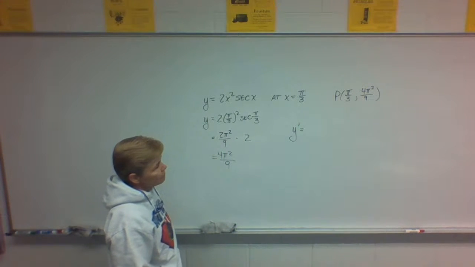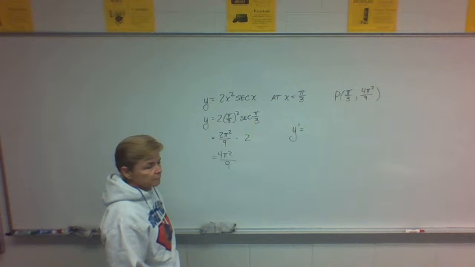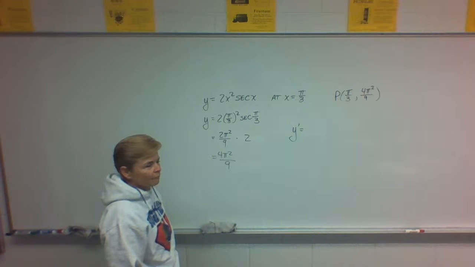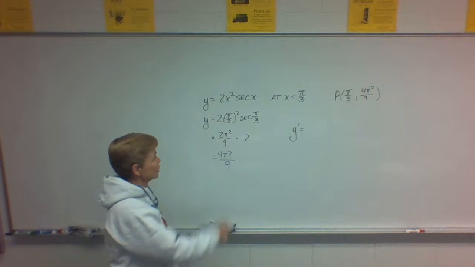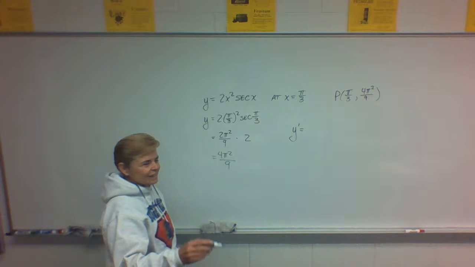What's the derivative of y? 2x squared times 4 pi squared over 9 plus 4x secant. What are you talking about? We're finding the derivative of y. So it's do the product rule. That's what I just did.